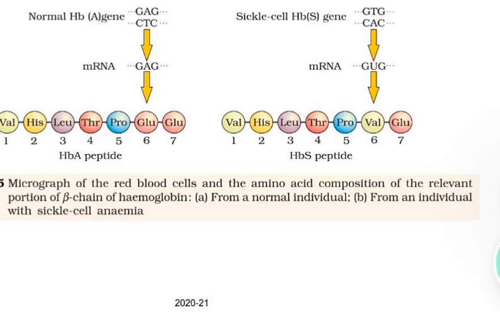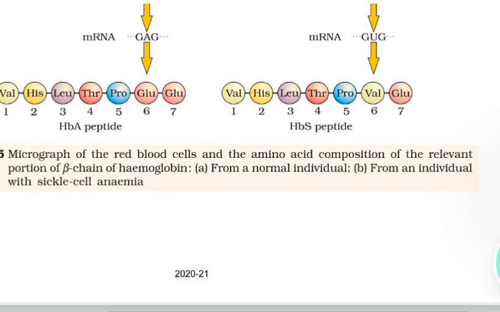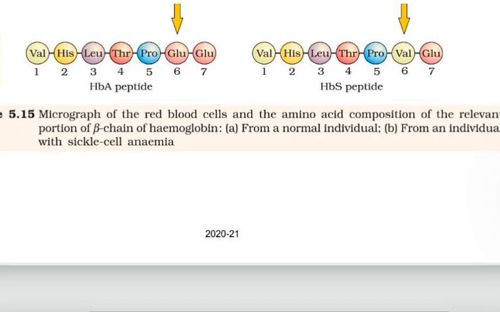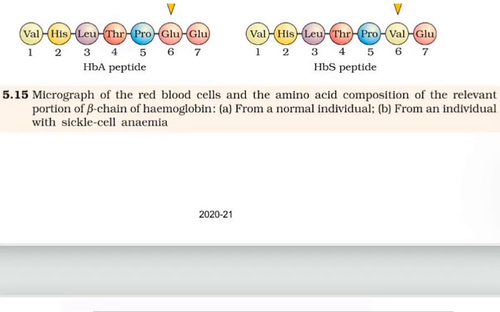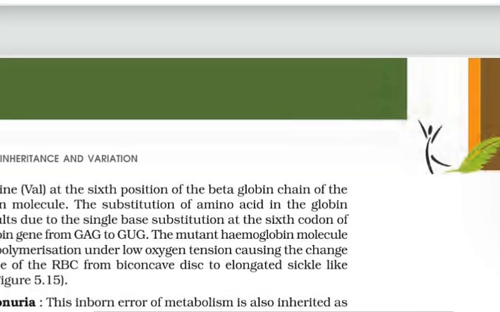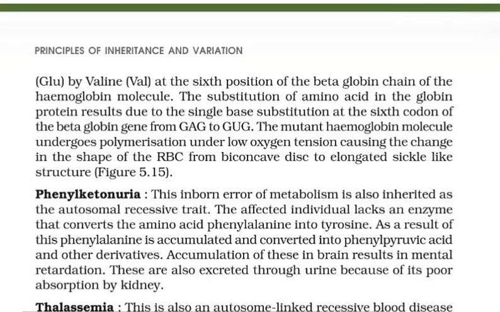Next is thalassemia. This is also an autosome-linked recessive blood disease transmitted from parents to the offspring when both the parents are unaffected carriers for the gene, that is, heterozygous.